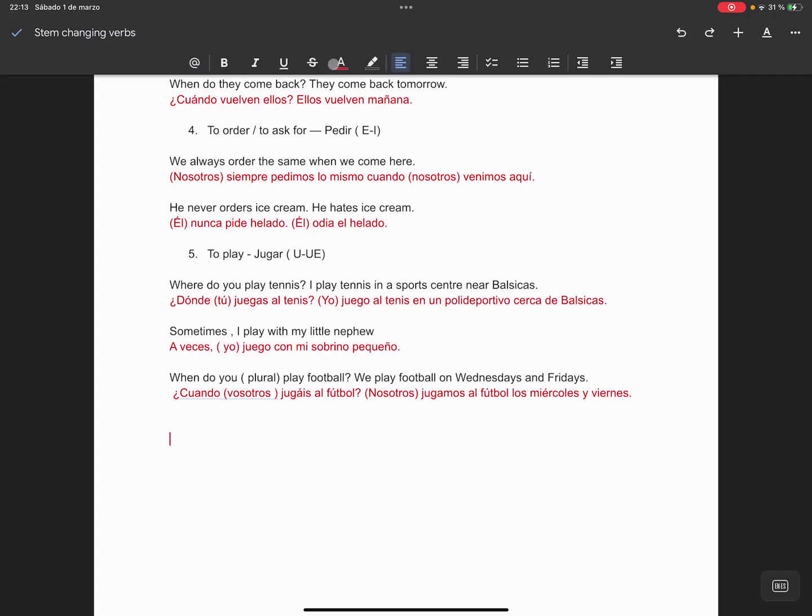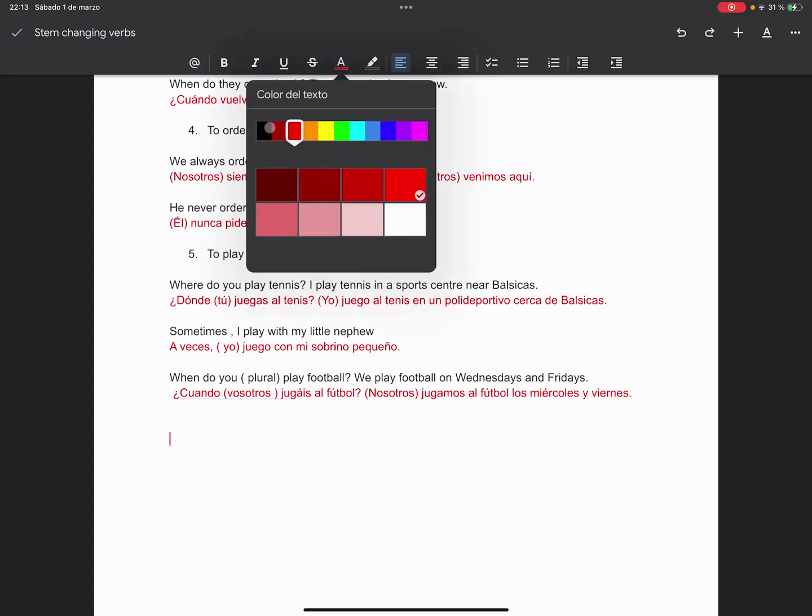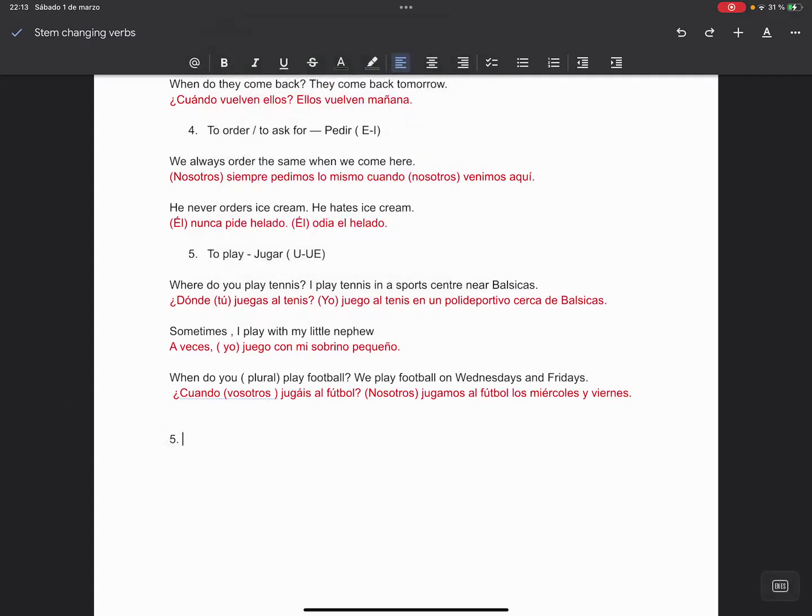Let's change the verb. Let's go for a different verb. Quite an important verb: to do, to make. What's the verb to do or to make?